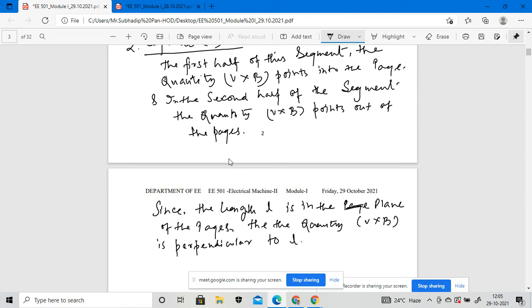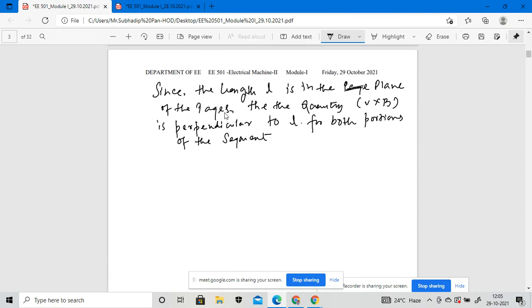In both cases, the quantity v into B is perpendicular to the length L. So we can say it is perpendicular to L for both portions of the segment.